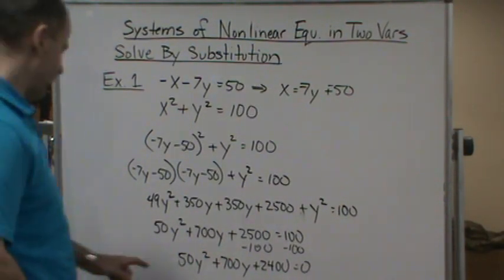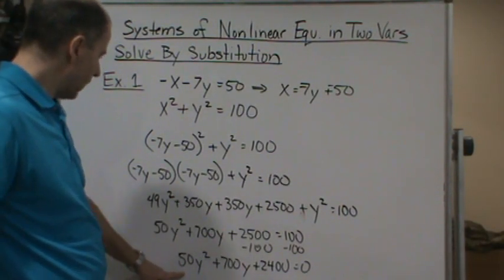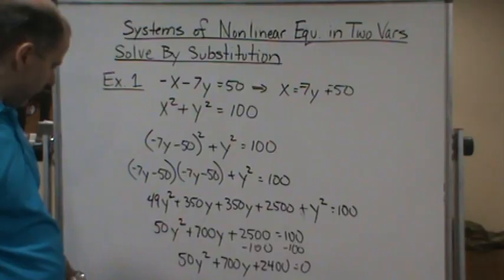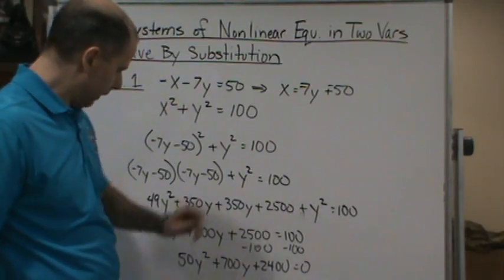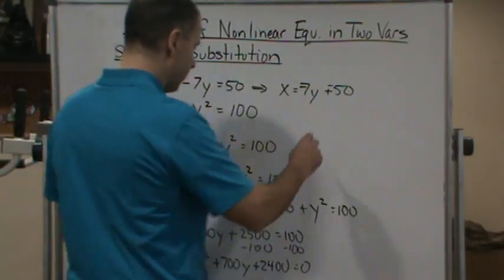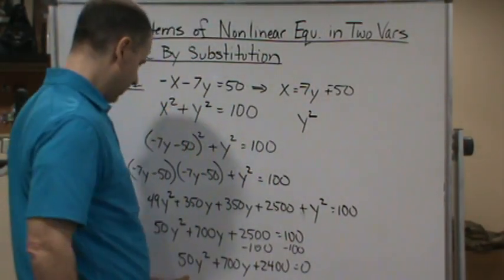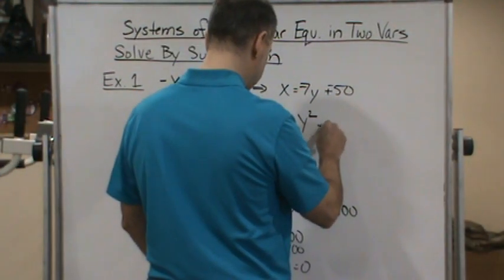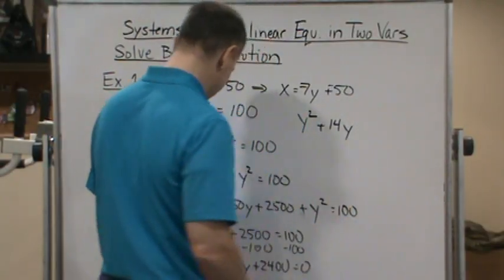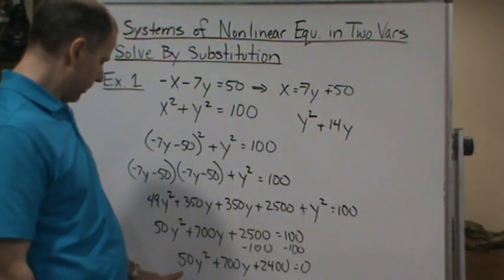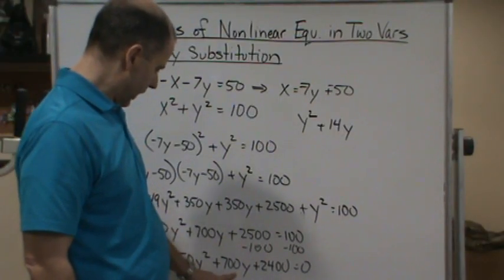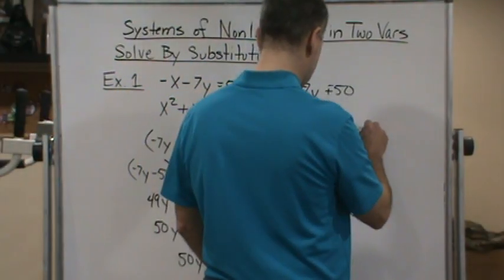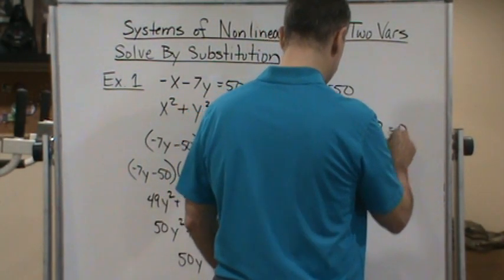And so now the next thing I'm going to do is factor this, right? Because I want to solve for y. I can factor out a 50, so I'm going to divide everything by 50, and I'm going to get y squared plus 14y plus 48 equals 0.